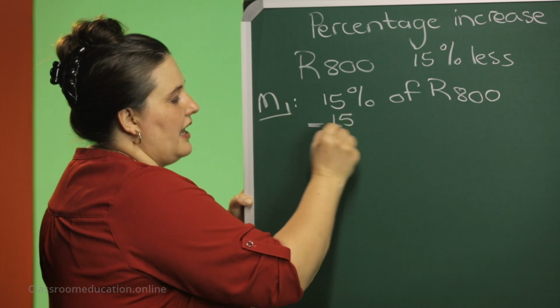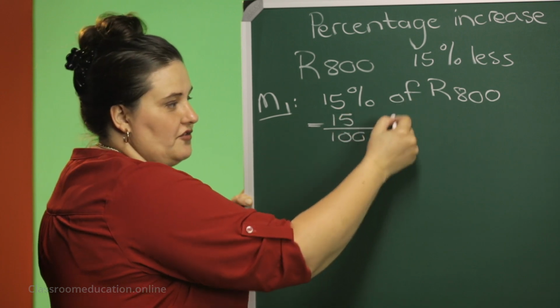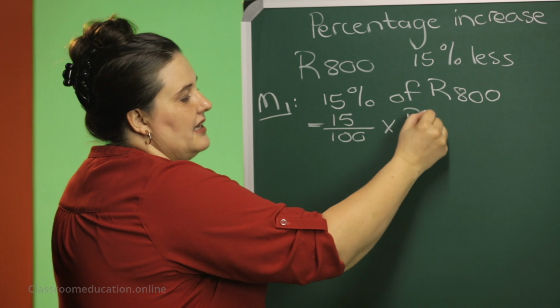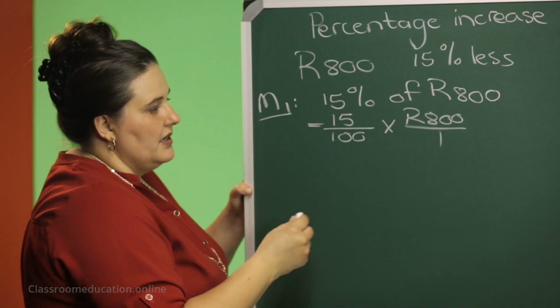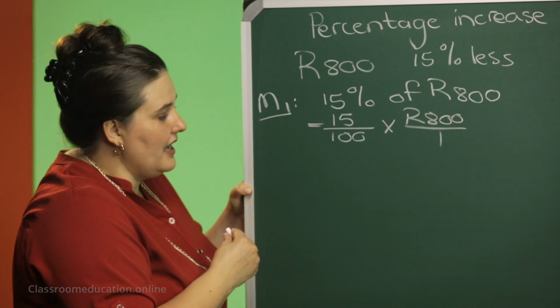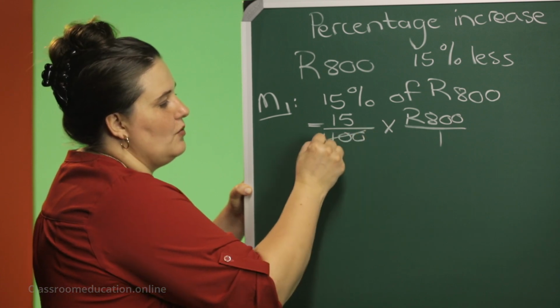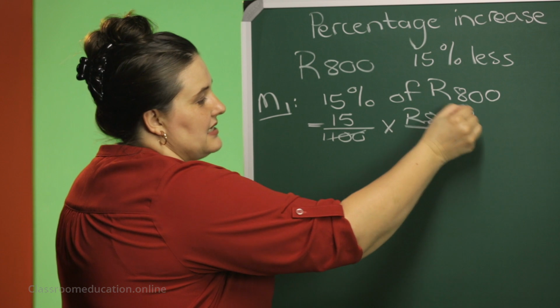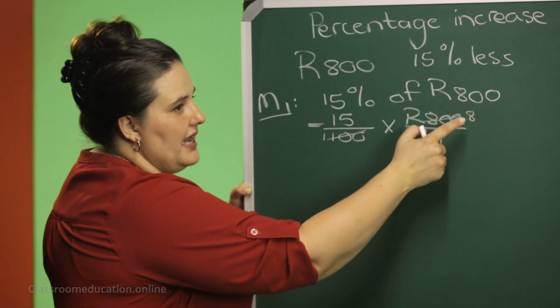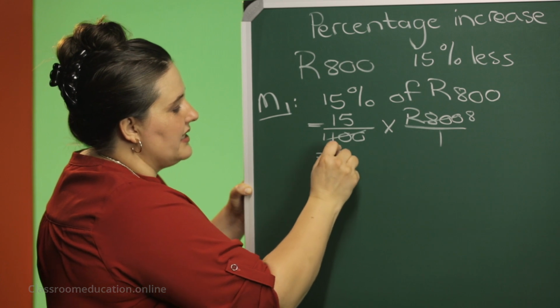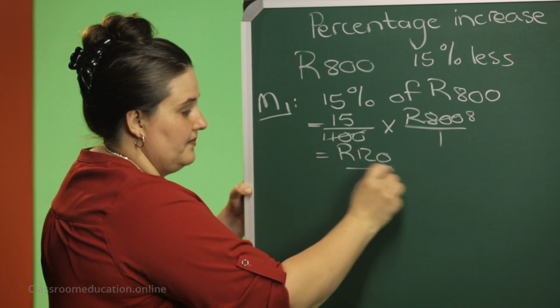So 15 out of 100. Of means times. And 800 Rand, you can say 800 over 1. So let's see if we can cancel out. Yes, 100 can go into that once. It can go into that 8 times. So what do we have left? 15 times 8, and that is 120 Rand.